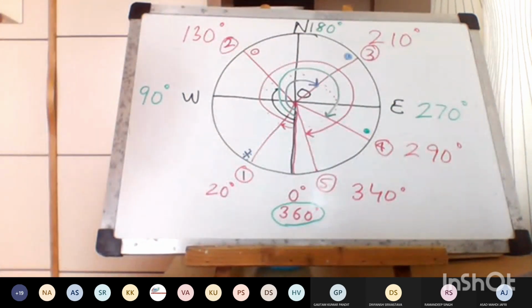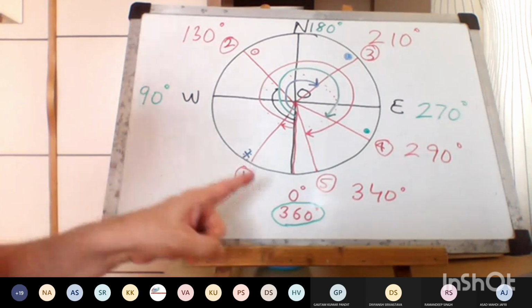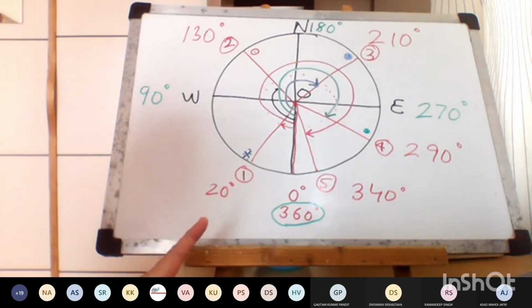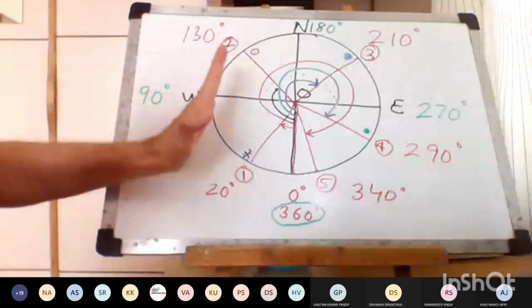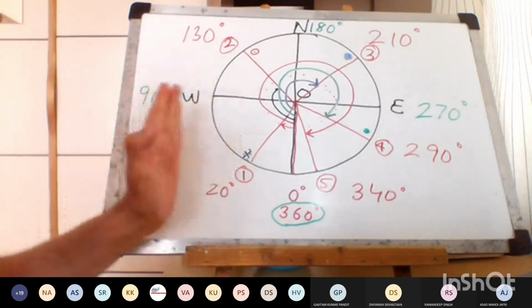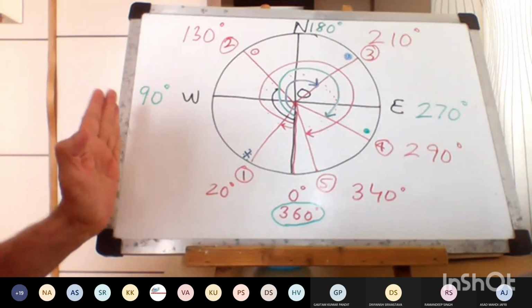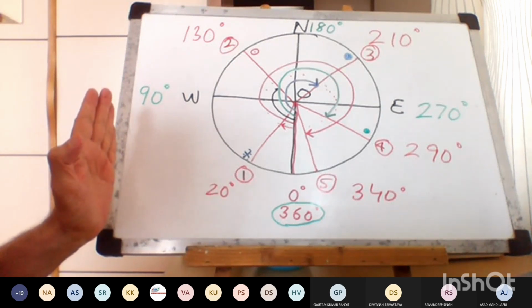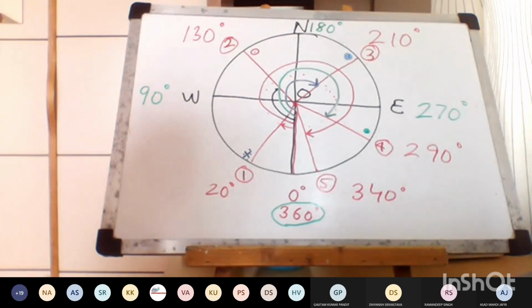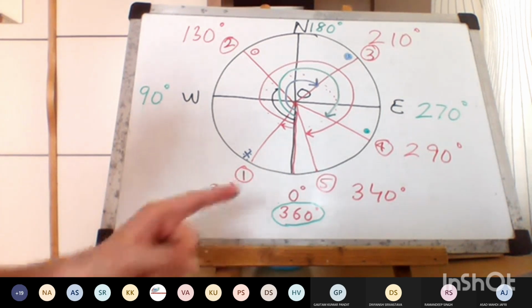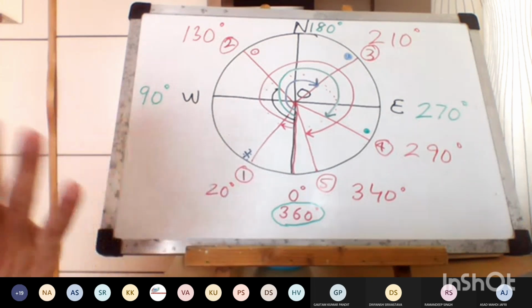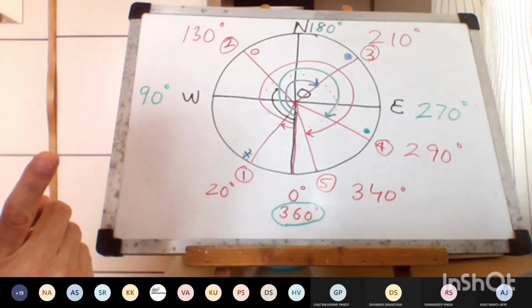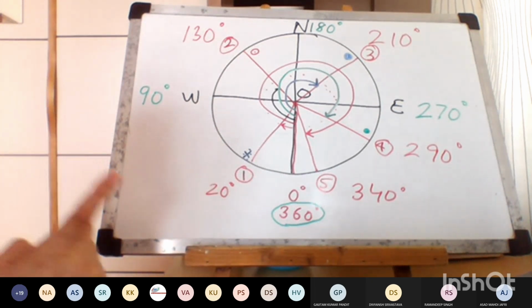Very important point, gentlemen, remember, if the hour angle of the body is between 0 and 180, then the body is lying to the west of the observer. If the LHA of a body is between 0 degrees and 180, the body is lying to the west of the observer, not west longitude. The body is lying to the west of the observer.